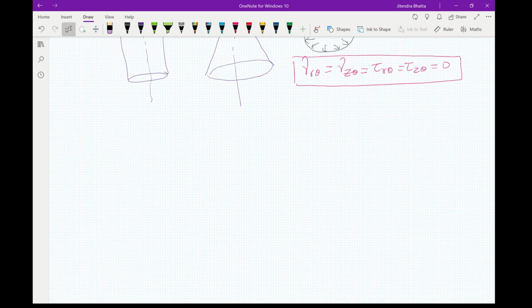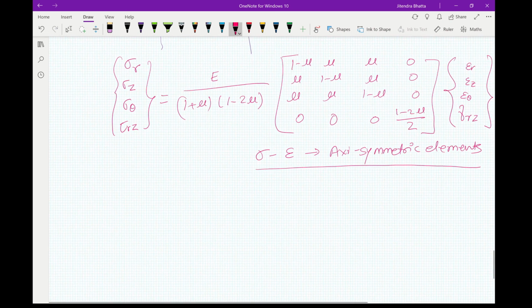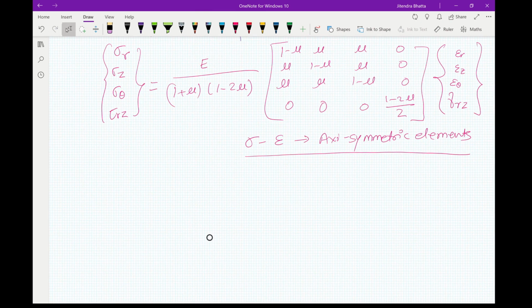Then what we'll obtain is your stress strain relationship where your ER will be equal to change in length in the r direction by initial length in the r direction, and Ez will be equal to change in length in the z direction by initial length in the z direction.